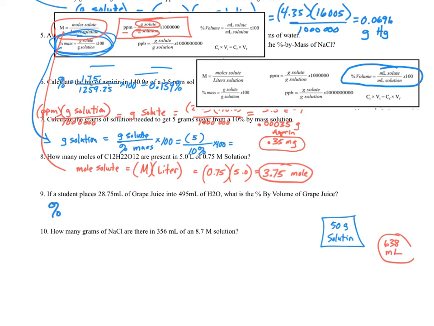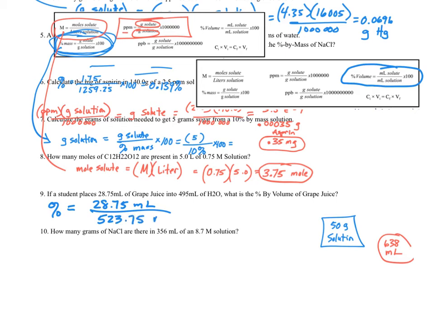Percent by volume then is going to be the milliliters of the solute, which is the grape juice, 28.75 milliliters, divided by the milliliters of solution. That would be those two added together. That would give us 523.75.